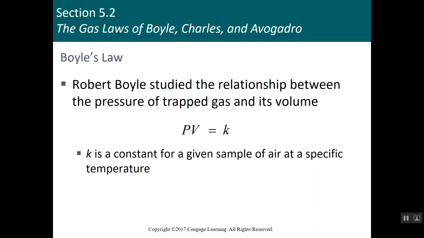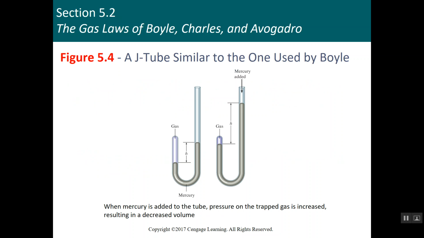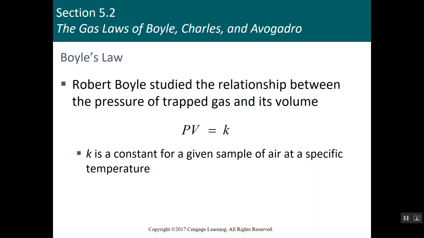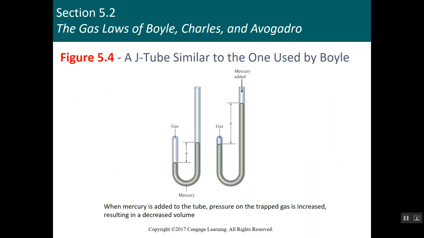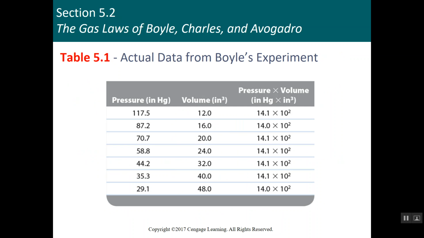And one of the things he studied was the relationship between a gas's pressure and its volume. And he found in his measurements that anytime he took pressure times volume, he got a constant. This tube is similar to what Boyle used in his experiment.